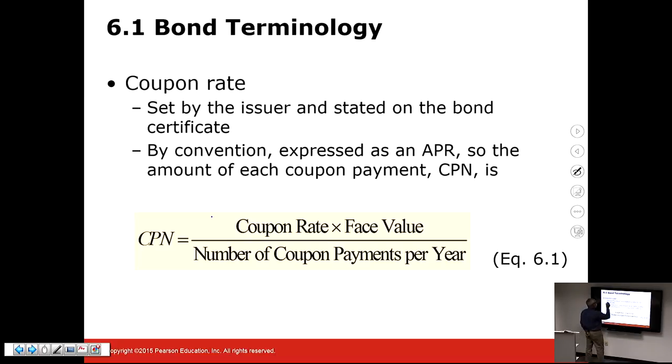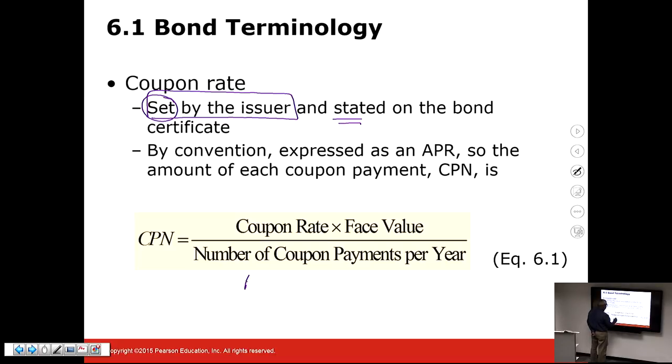The coupon rate is set by the issuer, and it must be stated on the bond. Being a debt contract, that means once this is set, it's not going to change over the life of the bond. And it is stated in APR, so that the coupon amount becomes the coupon rate times the face value divided by the number of coupon payments per year.